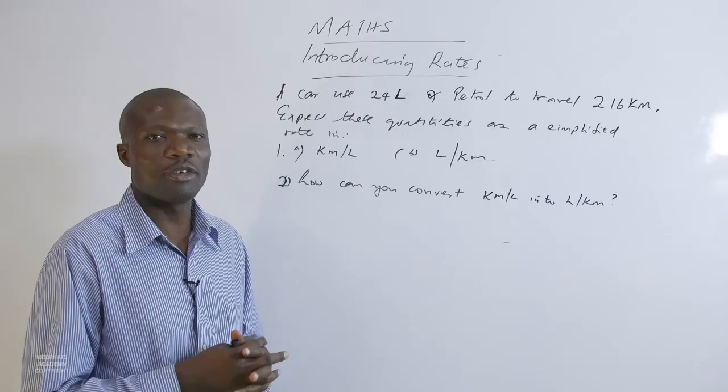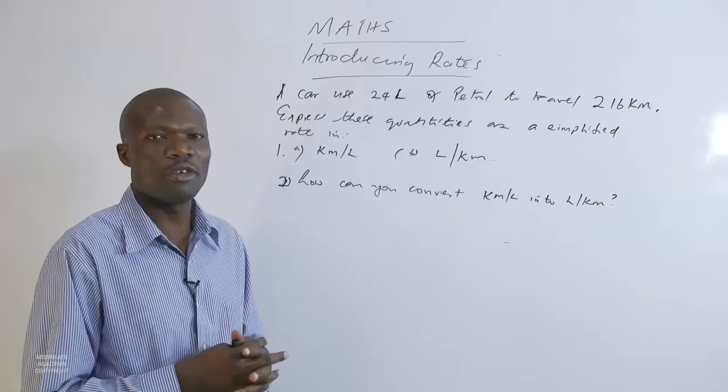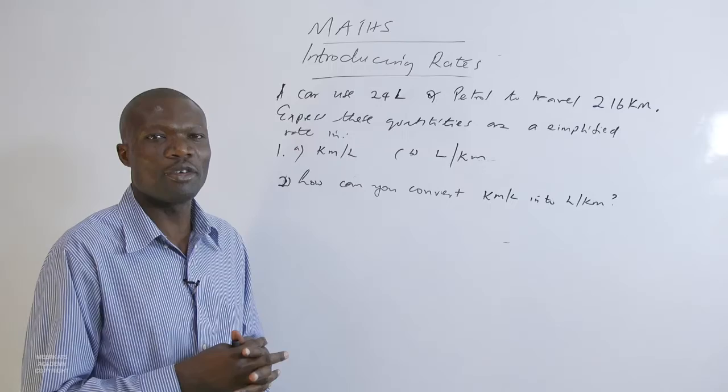So for the second part, 216 divided by 216 is 1 kilometer. But 24 divided by 216, you will get 0.1.